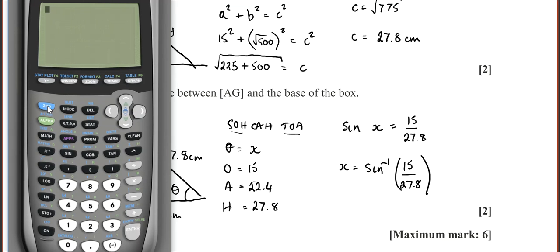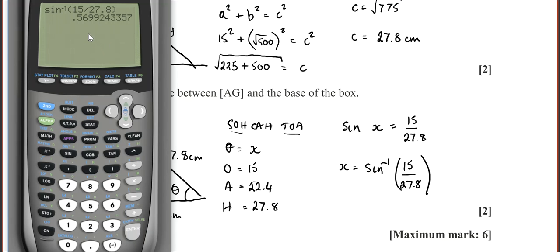We just do second function and sine, and then put 15 divided by 27.8, and I get the answer 0.5699. You happy with that as an answer for the angle? No. That sounds better for an angle. I've got half a degree. What have I done wrong? It's in radians. That's what happens.